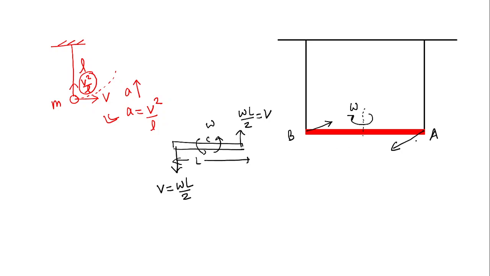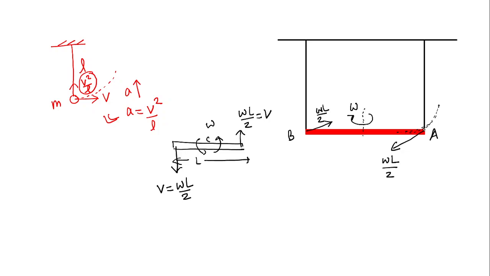So what will be the velocity of this one? Same logic here. Velocity will be omega L by 2 here and omega L by 2 here. Now this string, you see, is moving in a circle, a vertical circle.